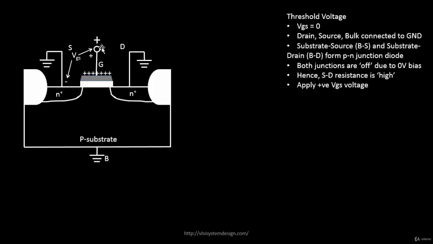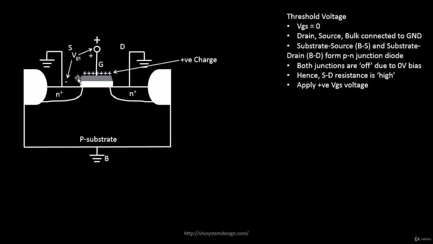So when you apply a small positive voltage at the gate, this plate of the capacitance gets positively charged, and as a result of this positive charge, it will repel all the positive charges present over here. A p-type substrate consists of p-type charges in majority. The majority carriers of a p-type substrate are all positive charges, and the minority carriers are the negative charges.